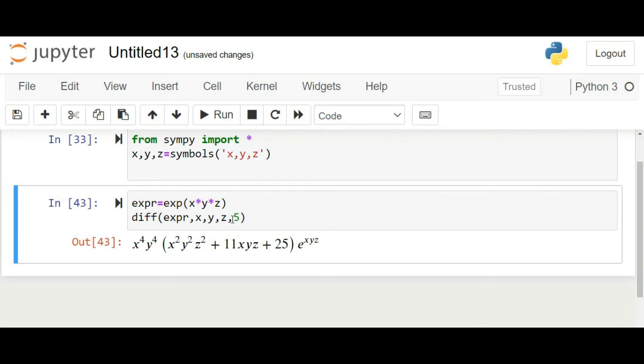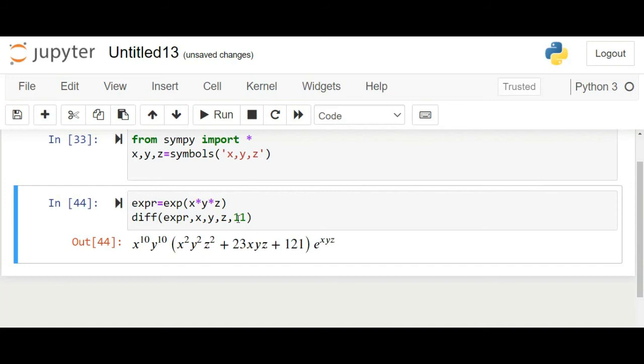So these are the ways to differentiate different functions. These are the partial derivatives, ordinary derivatives and partial derivatives. And simply we can also change it over here, like if I write 11, then our answer will be just like this.